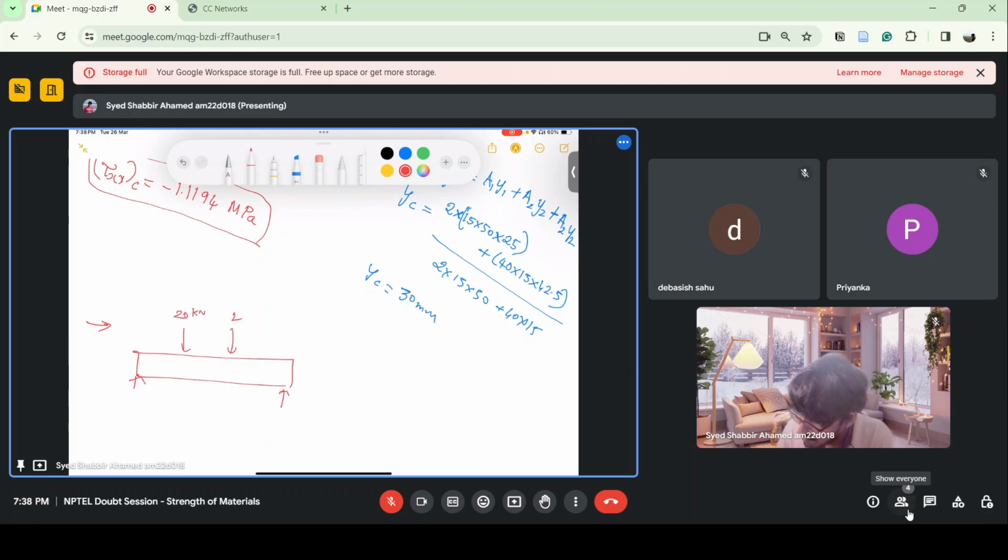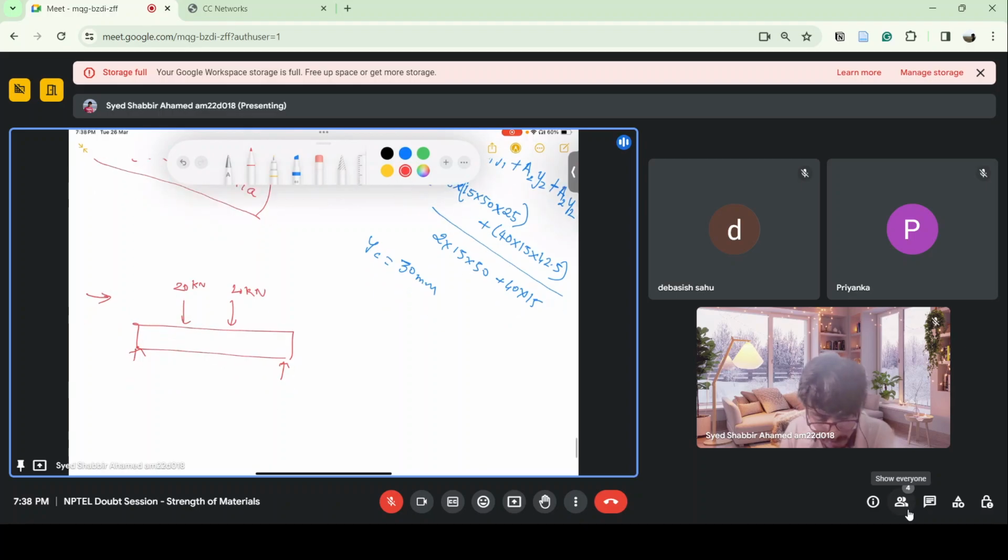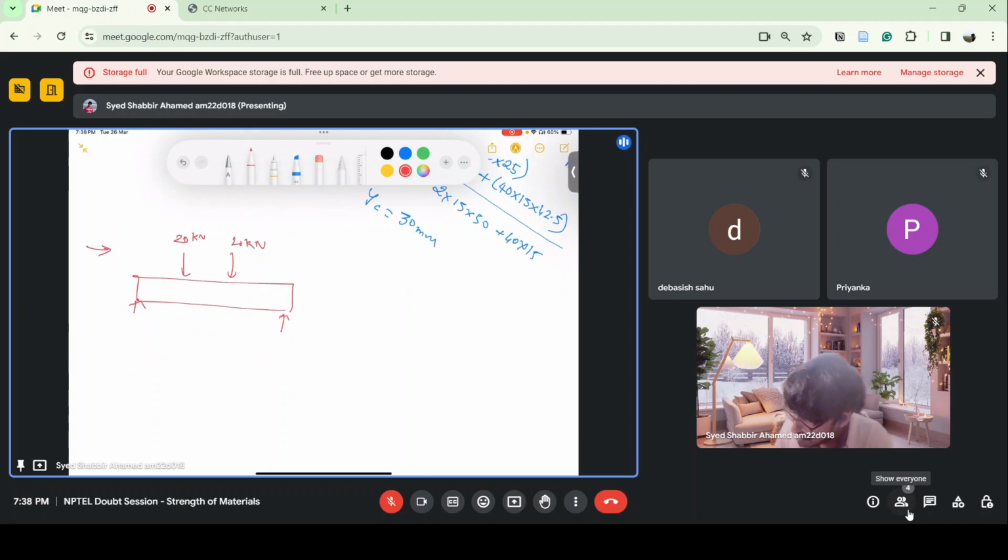And this is a wooden beam. The planks were arranged like this. Here the nails are used to fix these planks.